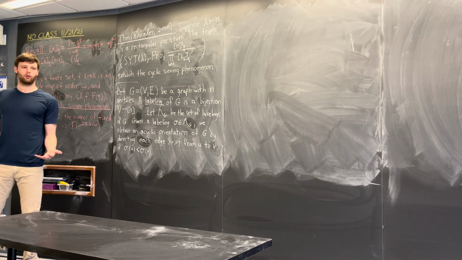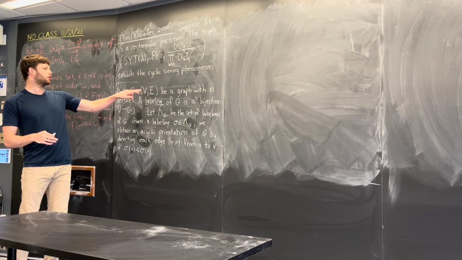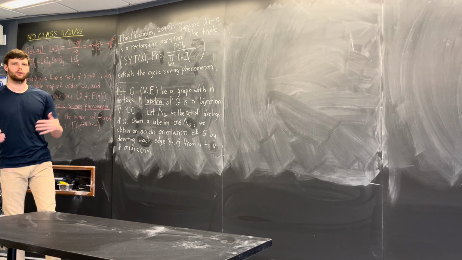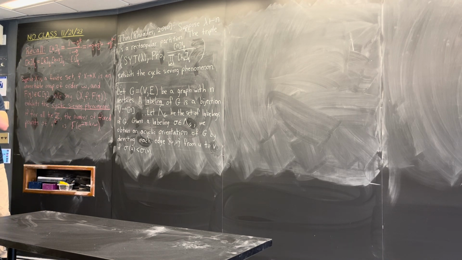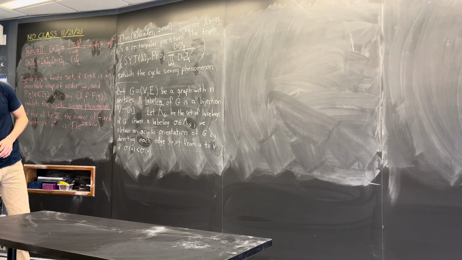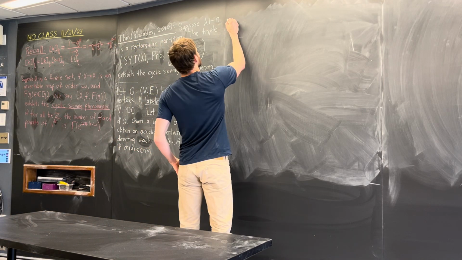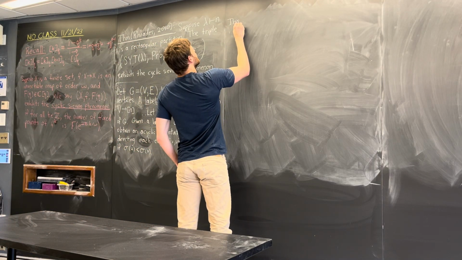So this gives us a poset where the elements of the poset are the vertices of the graph, and the order relation is basically saying that to go up in the poset, you follow the arrows in this acyclic orientation. So maybe I should say this more formally: this yields a poset.